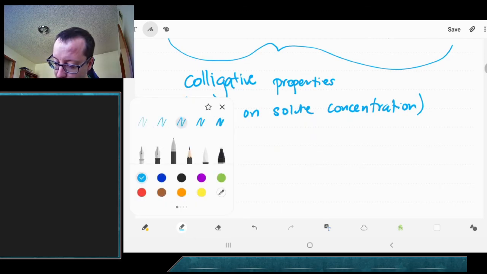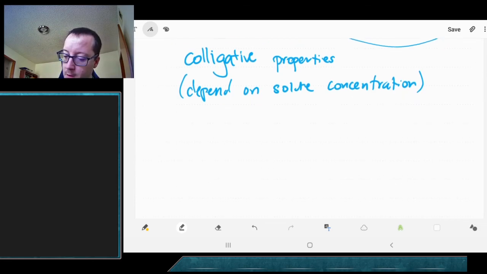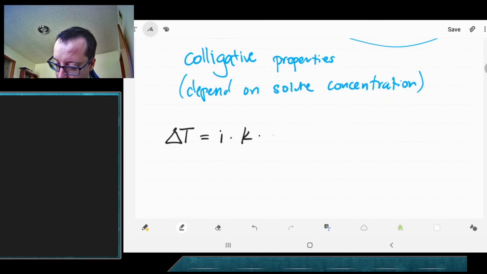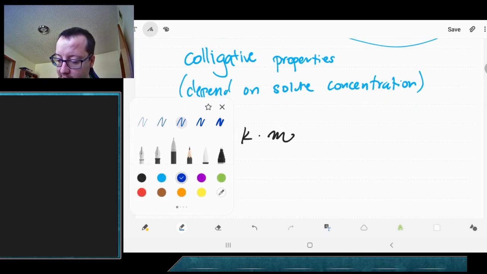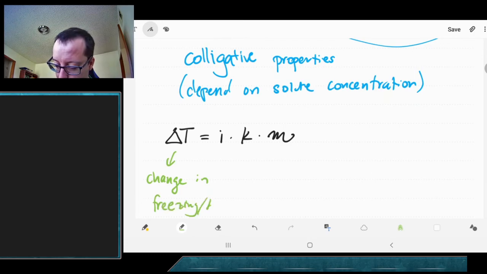And so we're going to have some equations to use here. We're going to have three things that we're going to deal with, if we dissect this equation. We have the change in the freezing or boiling point.